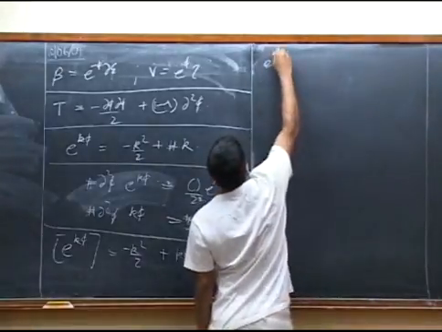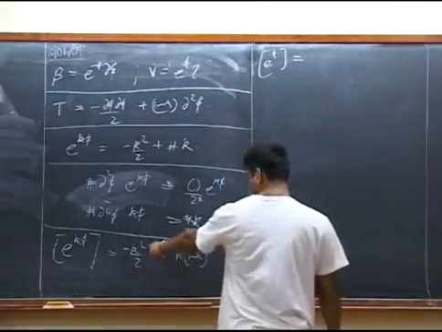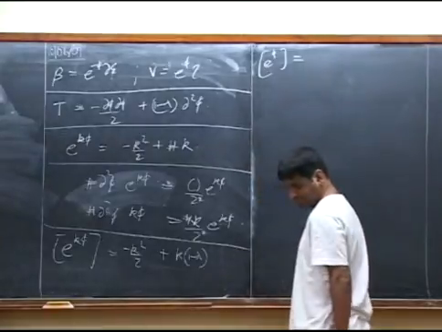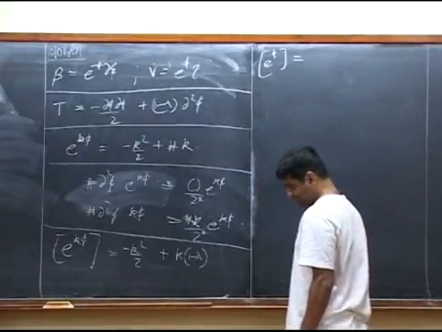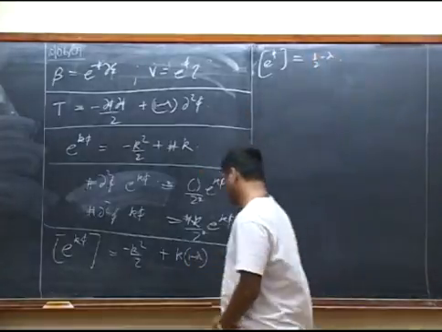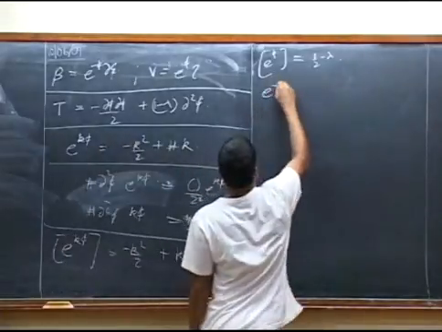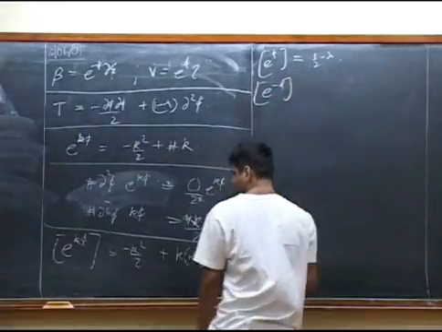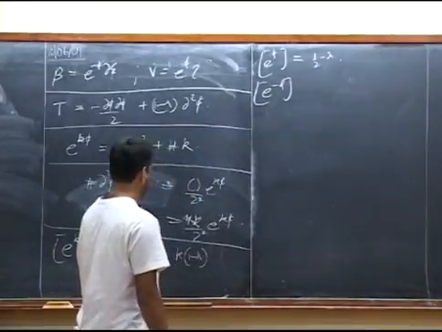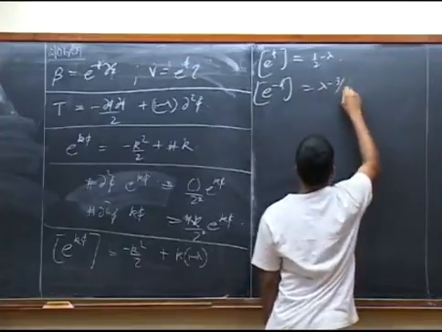So the dimension of e to the phi is minus half plus 1 minus lambda. So that's half minus lambda. On the other hand, the dimension of e to the minus phi is equal to minus half minus 1 plus lambda. So that's equal to lambda minus 3/2.